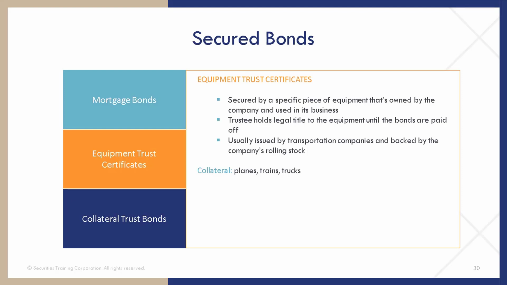So it's backed by something of value. This is sometimes referred to as rolling stock, and the equipment that it's often backed by is equipment that moves: planes, trains, trucks. So if there's a default, the trust takes over the plane and can lease that plane to another airline.